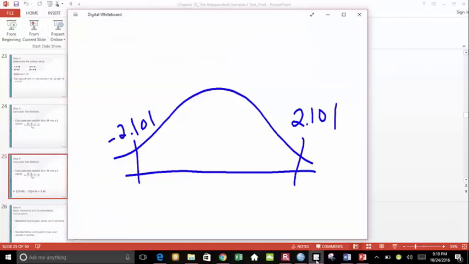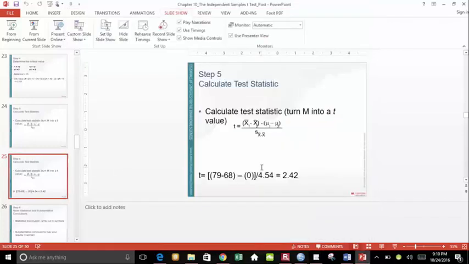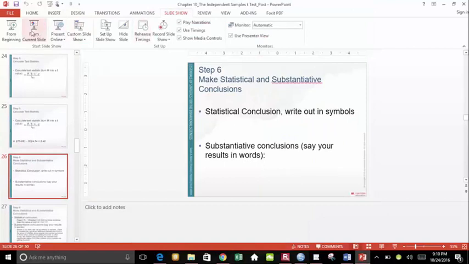Once you do that, come over here, and we've got 2.42, which is somewhere over here. And by now, hopefully you're starting to realize that if we've got a t-value that is past the critical value, it's in that critical area, and we're going to reject the null.